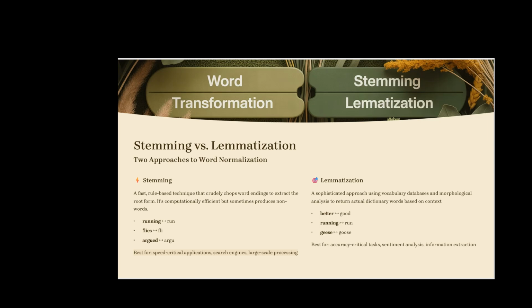It ensures that we are not just chopping the word endings to get to a base form, but we are ensuring that the base form holds meaning. That is why lemmatization is very crucial for accuracy-critical tasks where we do not just want to rely on speed but also need to ensure that the words hold meaning and give accurate responses.